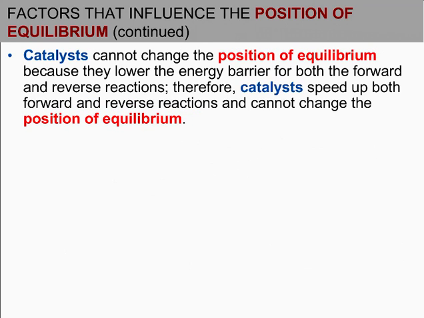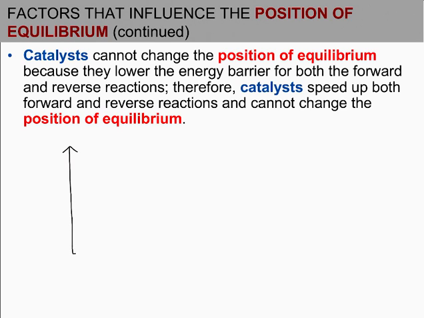Now, the last factor that can influence the position of equilibrium is a catalyst. A catalyst cannot change the position of equilibrium. Remember, catalysts just provide a different way for reactants to react, and it lowers the energy barrier for the reaction.